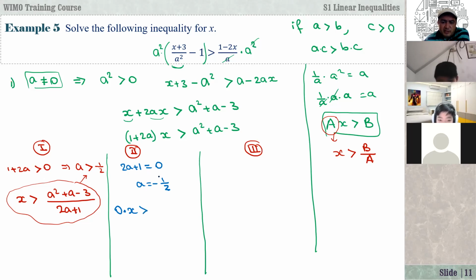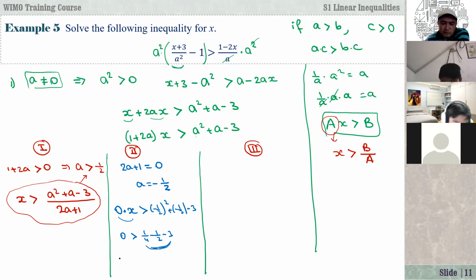And we say that a equals minus 1 over 2, right? And substitute minus 1 over 2 for a. So here we have minus 1 over 2 squared plus minus 1 over 2 and minus 3. And on the left, if you simplify this, I have 0. On the right, here we have 1 over 4 minus 1 over 2 minus 3. And if you calculate this, this is a negative number, right? And a negative number is always less than 0, right?